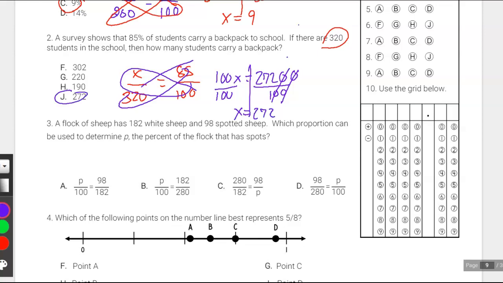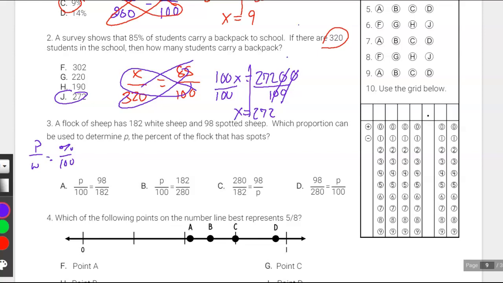Number 3. A flock of sheep has 182 white sheep, 98 spotted sheep. Which proportion can be used to determine P, the percent of the flock that has spots? So I've got to pick a proportion. I know part over whole equals percent over 100. So I'm going to set up my proportion and then see if any of these match.